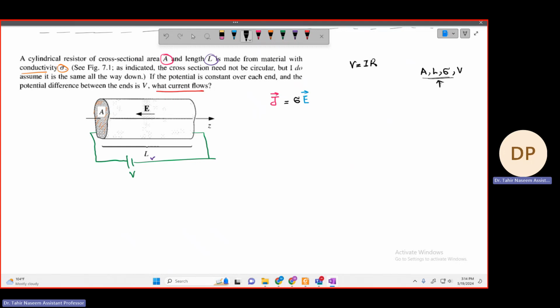Okay, we know the current is equal to the integral of J dot dA, right?